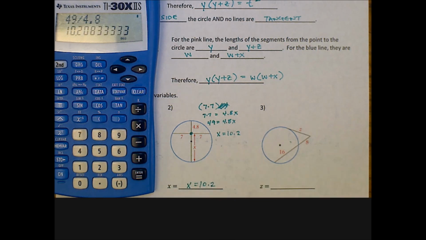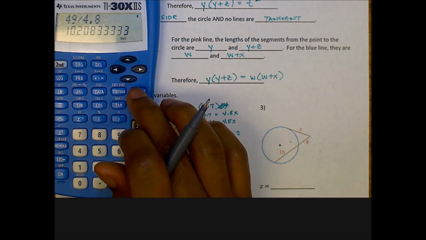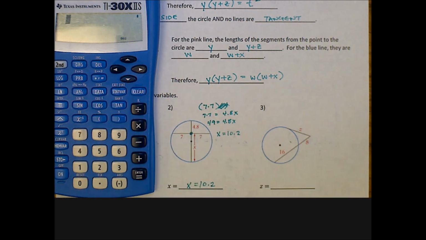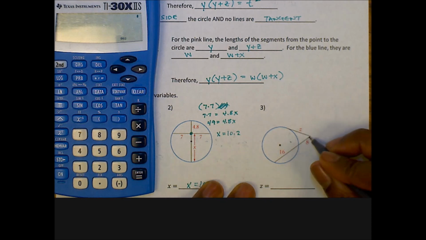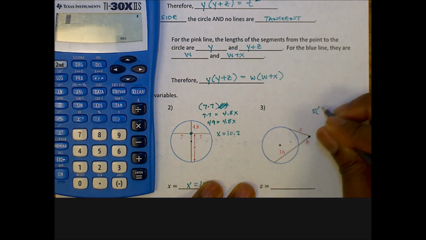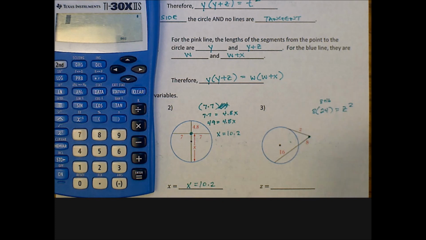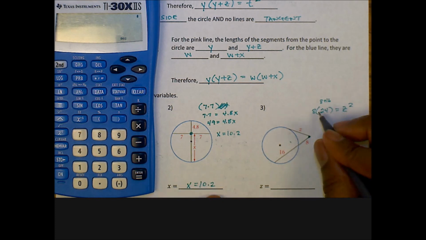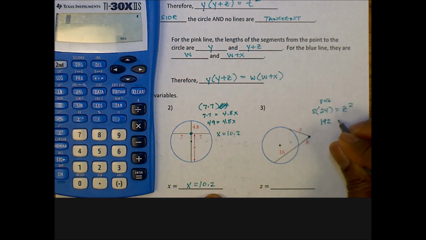Then finally we have the situation where we have one tangent line and one line that's not tangent. So from this point where they meet to the edge of the circle is 8. From this point where they meet to the other edge of the circle is 8 plus 16, or 24. And that should equal z squared. So that gives us 192 equals z squared.